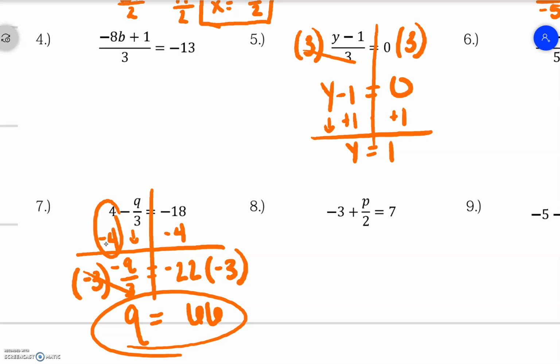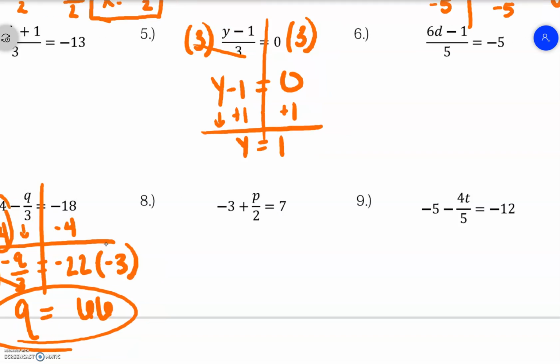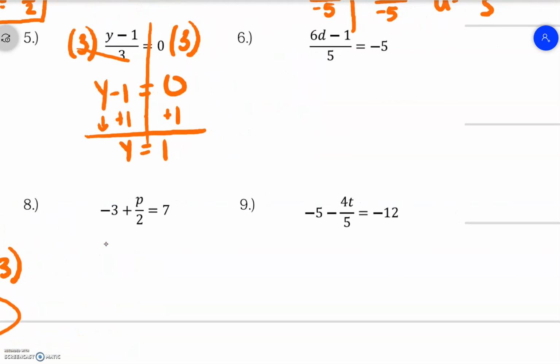Let's do one more of these together. All right, let's look at number 9. Our variable is here, which is inside of multiplication, which is inside of division, which is inside of addition and subtraction. What will be my first step?